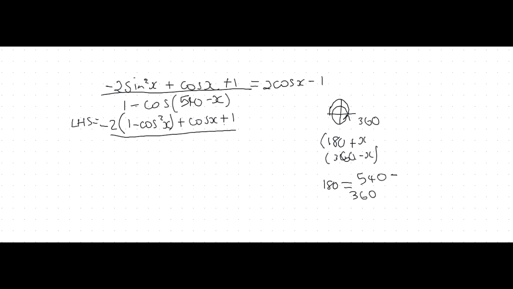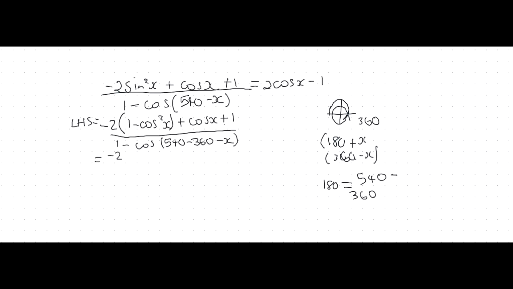Then you have 1 minus cos, and you can include the part where you still have the 540, so you'll have 540 minus 360 minus x. After that, we can simplify. We have minus 2 times 1, which is minus 2.